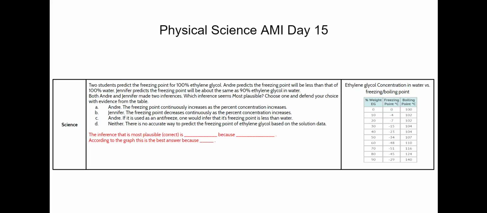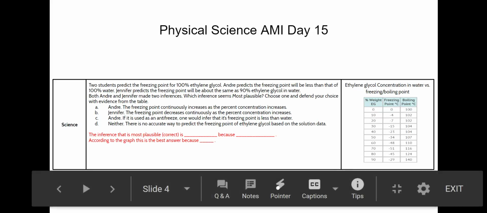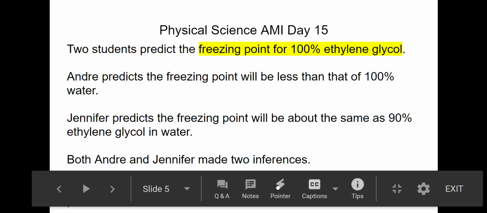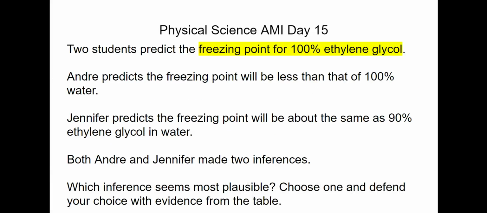So this is the one that has the data table here about ethylene glycol concentration. So let's get into the problem here. It says two students predict the freezing point for 100% ethylene glycol.